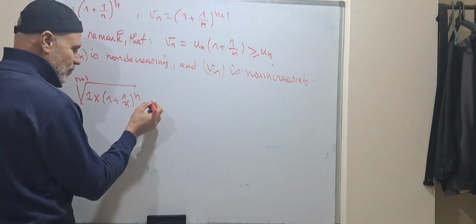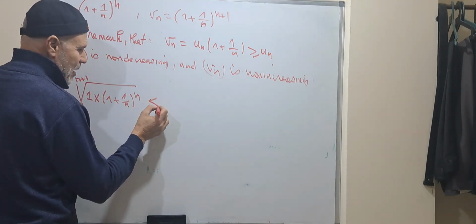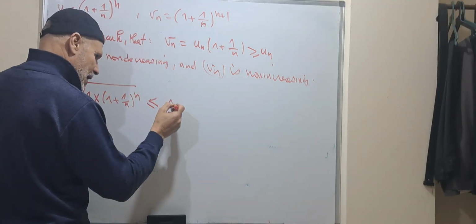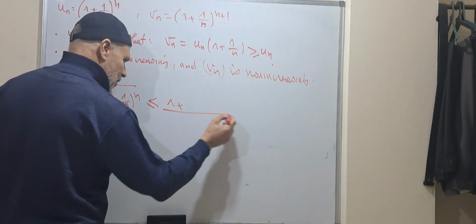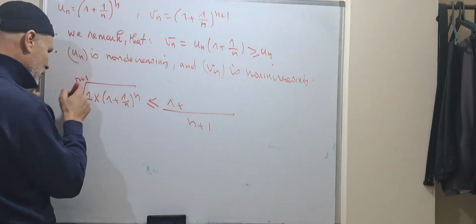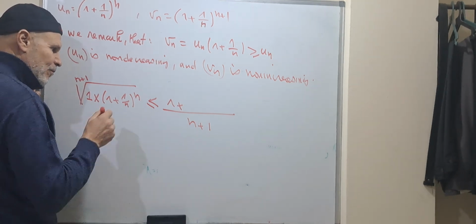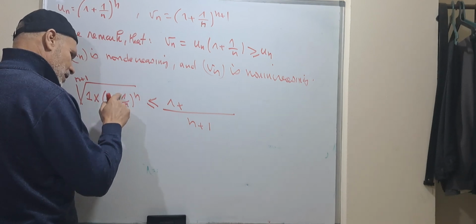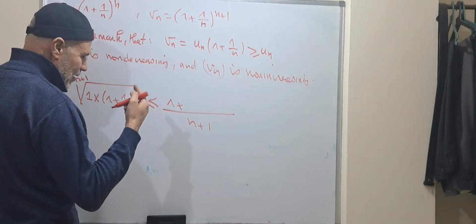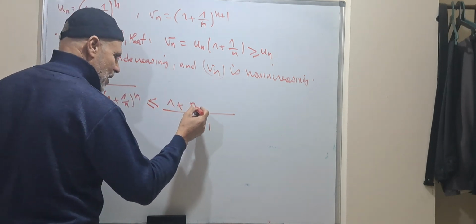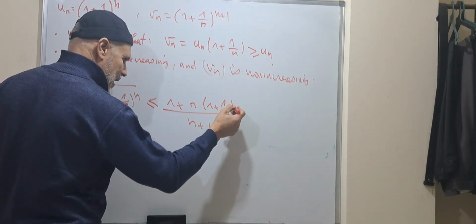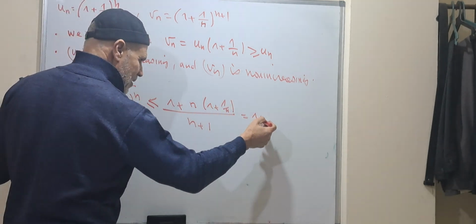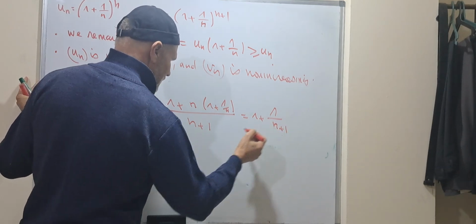This is less than or equal to the arithmetic mean. The first element is 1, and we divide by n plus 1 elements, as we take the (n plus 1)th root. This is the first element, and the elements 1 plus 1 over n are repeated n times. So n times (1 plus 1 over n), which is equal to 1 plus 1 over n plus 1.